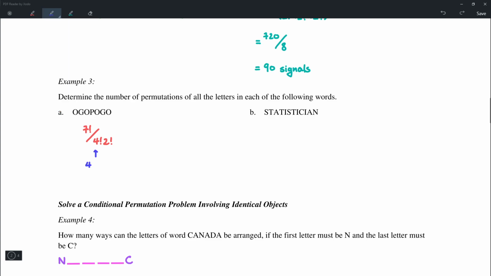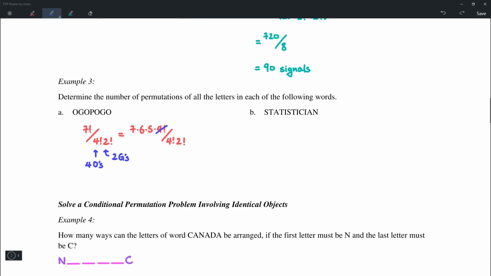Go ahead and label once again why the setup is the way it is. Now we can do this question by expanding the factorial in the numerator first. So we have 7 times 6 times 5 times 4 factorial, so we'll stop there, since 4 factorial also appears in the denominator.